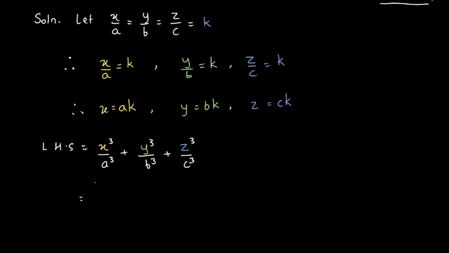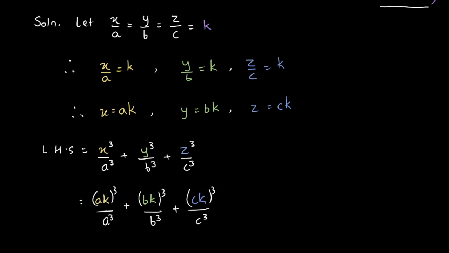So instead of x now I have ak, the whole cube upon a cube, plus, instead of y, I have bk, the whole cube upon b cube, and instead of z I have ck, the whole cube upon c cube.